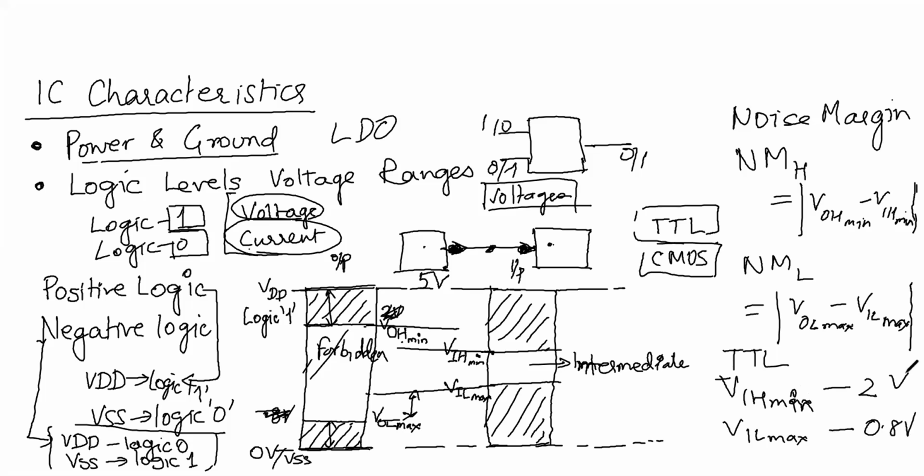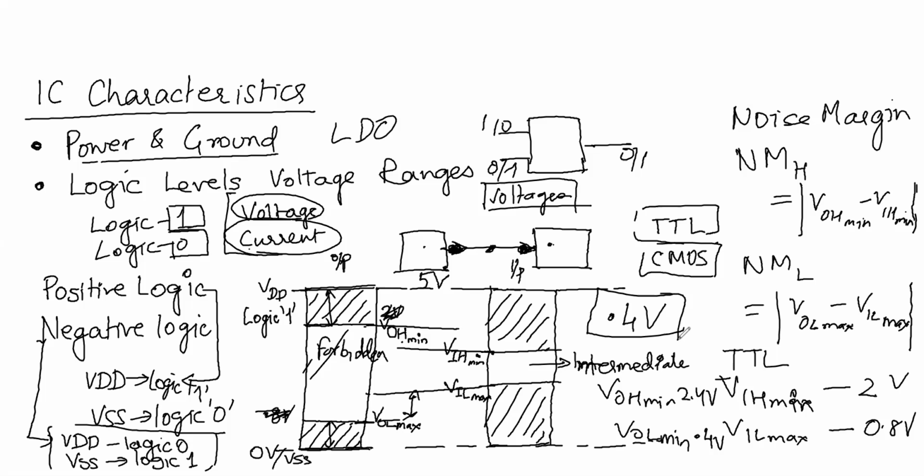Whereas on the output side, VOH min is 2.4 volt, and VOL max, which a TTL gate gives, is 0.4 volt. So it has a noise margin of 0.4 volt on both sides.